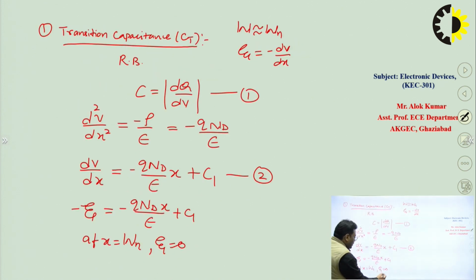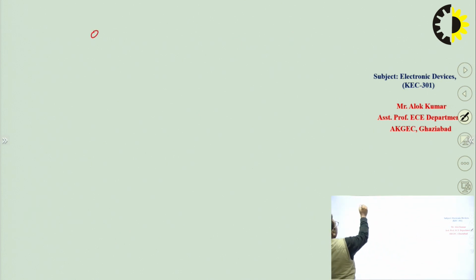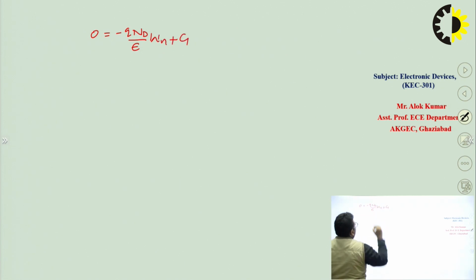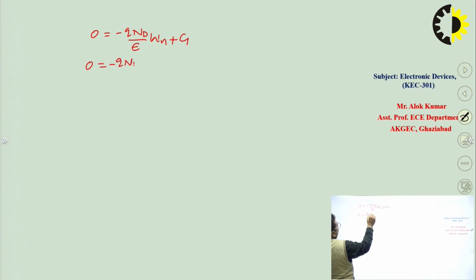So if I apply this boundary condition in the above equation, it will be 0 is equal to minus q Nd upon epsilon into Wn plus C1. And what have we assumed? We have assumed that Wn is approximately equal to W. So I can write it as 0 is equal to minus q Nd upon epsilon into W plus C1. So what will be the value of C1? C1 will be equal to q Nd upon epsilon into W.